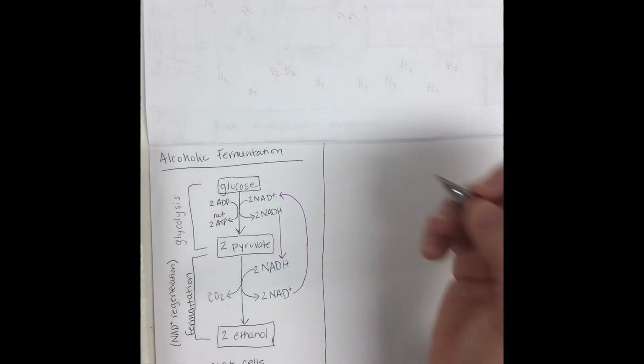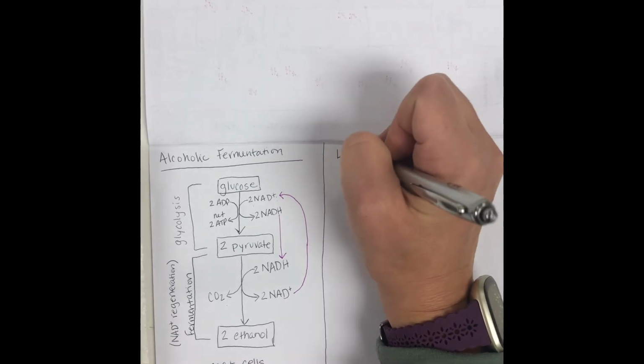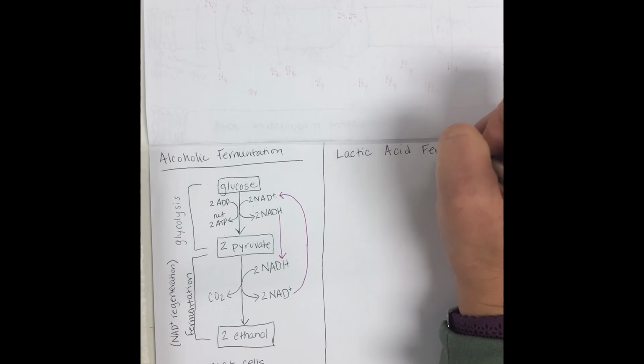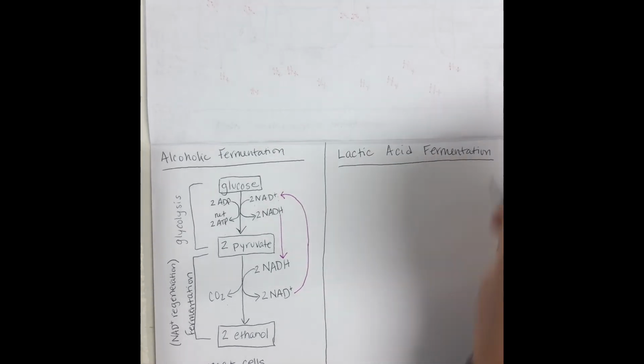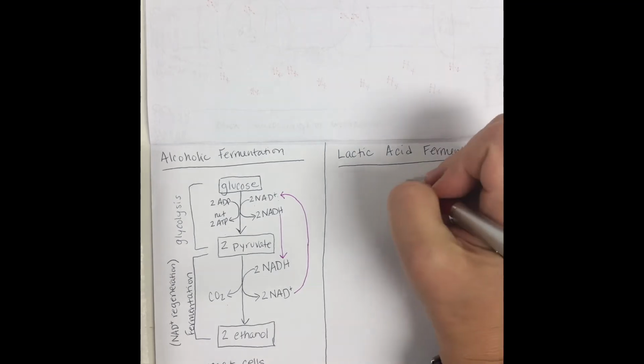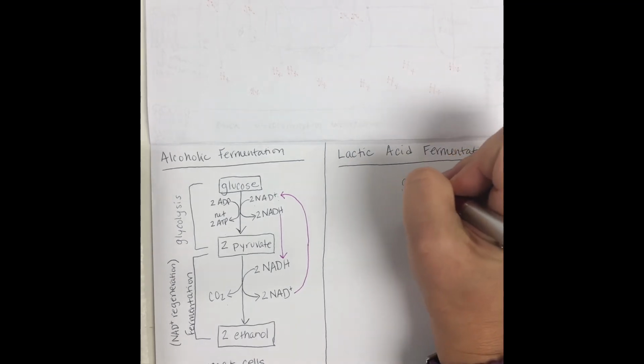So the other type of fermentation is lactic acid fermentation. Lactic acid fermentation is going to start the same way in that we need to start with glycolysis. So again, we're going to start with glucose.